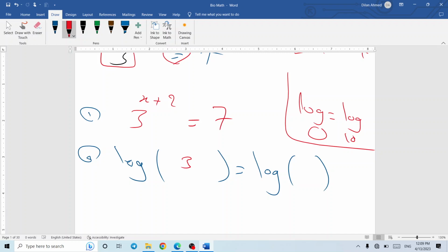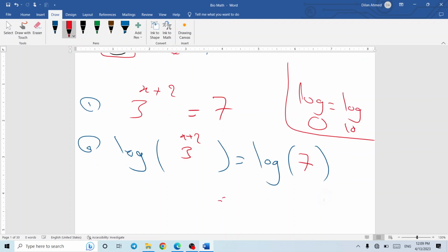Here I have 3^(x+2), and here we have 7. Of course, you don't need to use the calculator, because I'm not going to ask you what log of 7 is equal to. Just leave it like that, okay? Now the important thing is how to organize the left side.